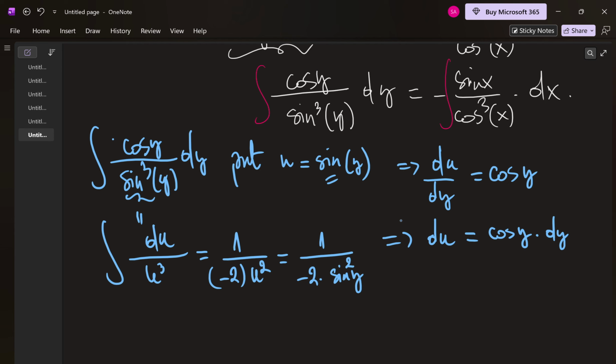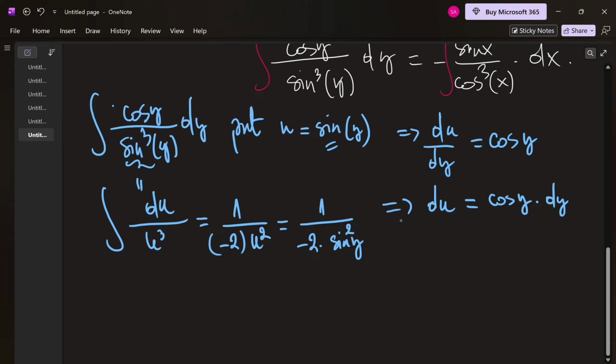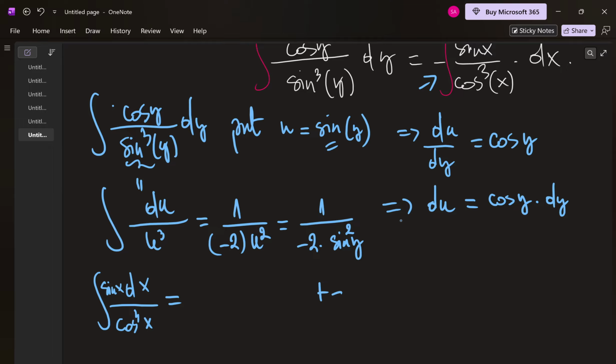Okay, by the same way we compute this guy. So the integral of sine x dx over cosine to the power 3 of x is equal to, take now t equal to cos x. So dt over dx is equal to the derivative of cos, which is minus sine x.